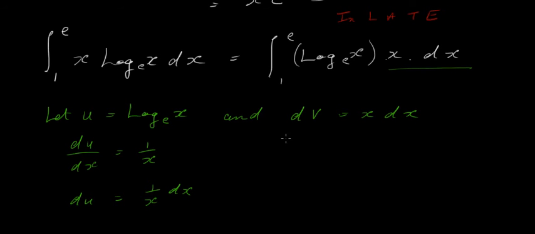Again, integrate both sides here, so if you integrate dv on this side, you're going to integrate x dx on this side. If you integrate 1 dv, you get v. If you integrate x, you get x squared over 2, or a half x squared. Okay, we have everything here now that we need in order to use our formula.